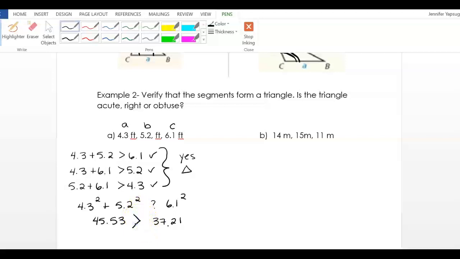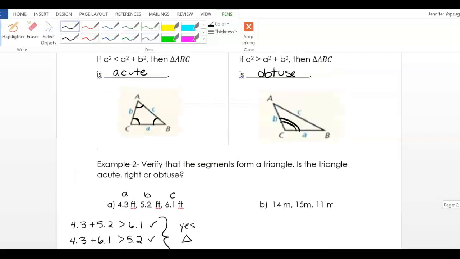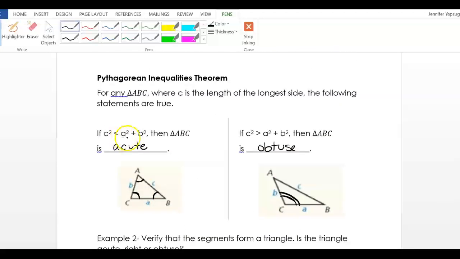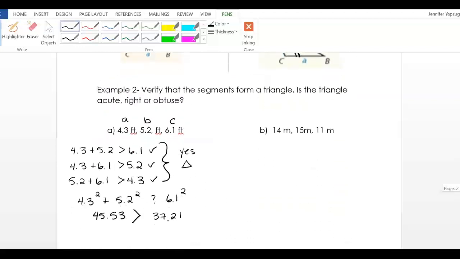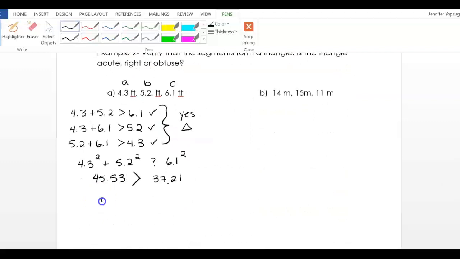So if A squared plus B squared is greater than C squared, if I go back up to my notes here, then my triangle must be acute. So it is an acute triangle.